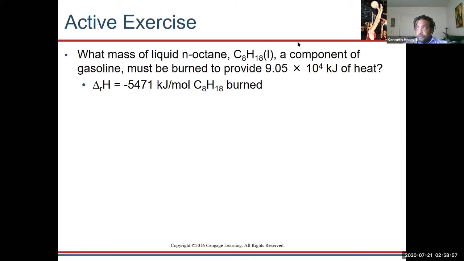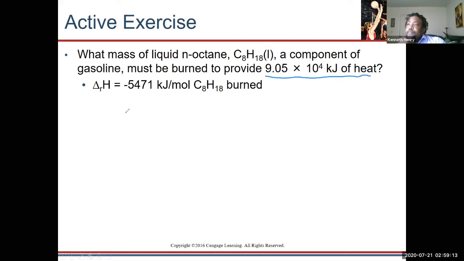Okay, so what are you going to do? What's the first thing you're going to do? Identify our given and what is wanted. Our given is the 9.05 times 10 to the 4th kilojoules of heat. And our wanted is the mass of liquid n-octane, C8H18.